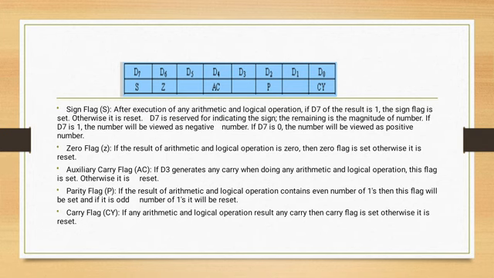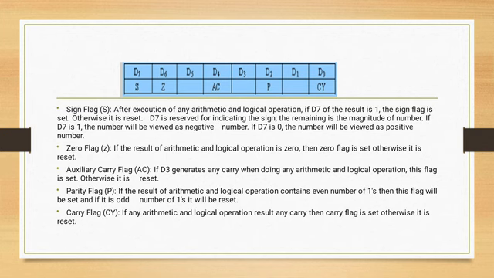Then bit position 2 or D2 is called parity. Then D3 is undefined and D4 is known as auxiliary carry, AC. D5 is also undefined and D6 is for zero flag, and D7 is for sign flag.